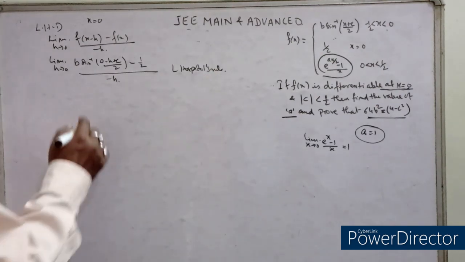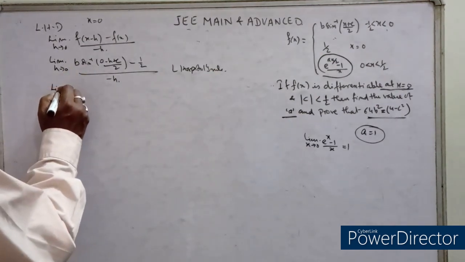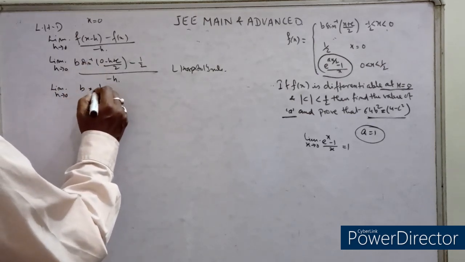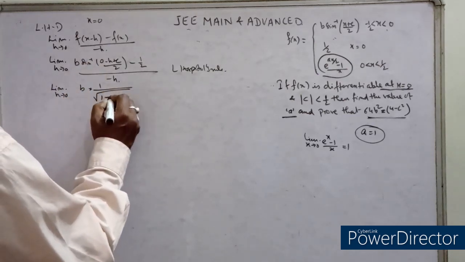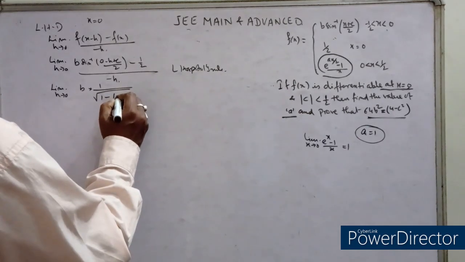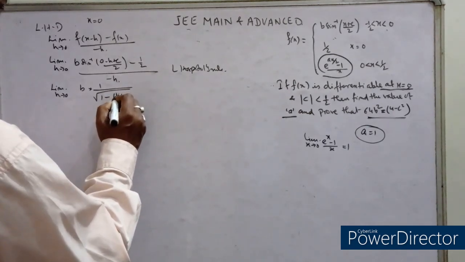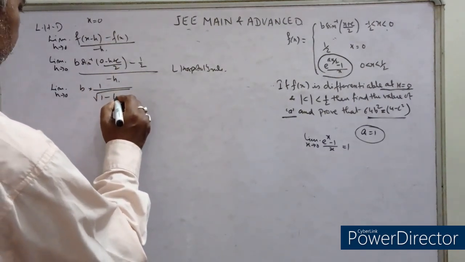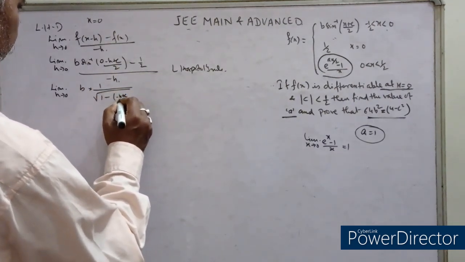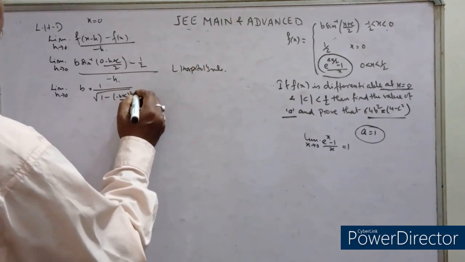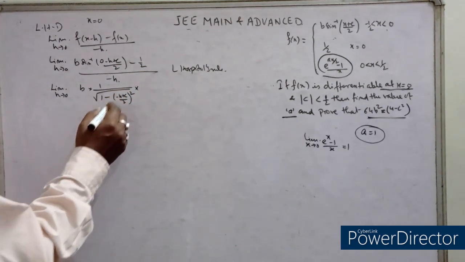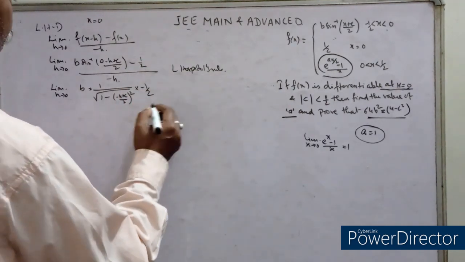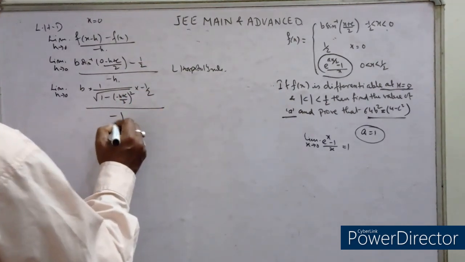Here this will be the differentiation of the numerator: b into 1 by root over 1 minus (1 minus h plus c by 2) the whole square, and by the chain rule, the differentiation of the inside is minus 1.